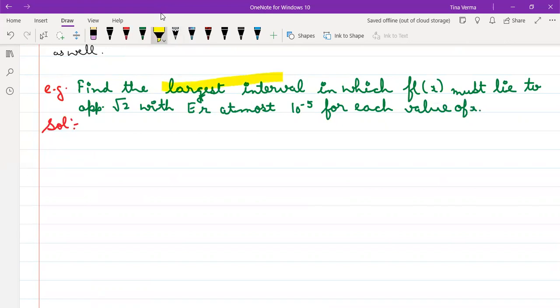You have to find the largest interval so that you can approximate under root 2, and the error is at most 10 raised to the power minus 5.